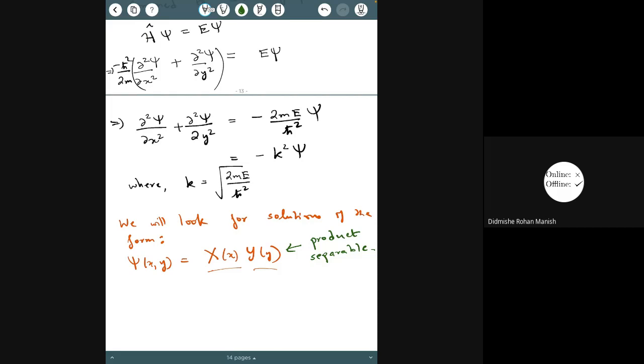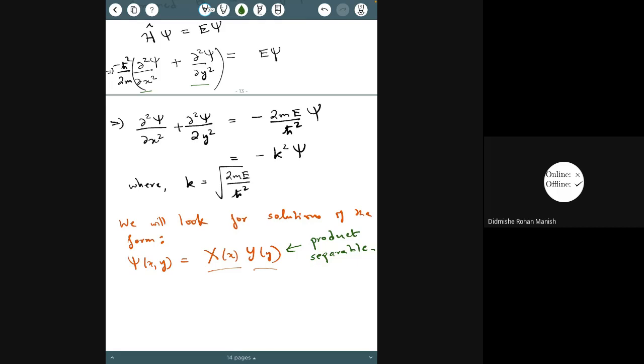This is of course not how people did it initially; they struggled much more. But we will look for solutions which are product separable, because the x and y variables in the Hamiltonian are totally separate as a sum. We could not do this if there was some coupling between them.